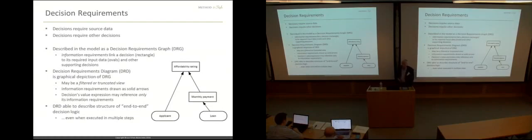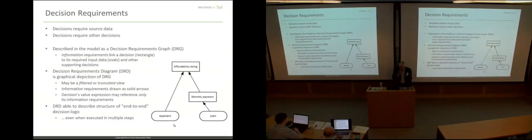Decision requirements. Going all the way back to James Taylor's manifesto, we know that decisions require information in the form of other decisions and input data. And so DMN defines something called a decision requirements graph, which is the network of all the requirements, all the supporting decisions and input data required for any decision in the model. And there's something called a decision requirements diagram, which is a visualization of that graph.